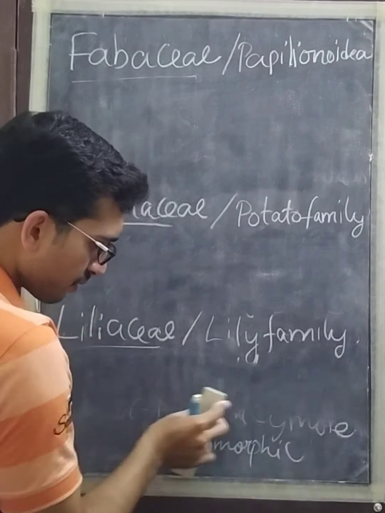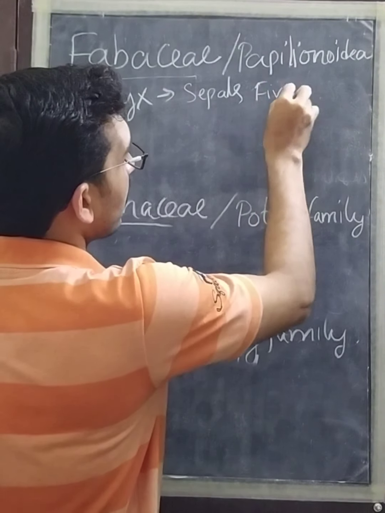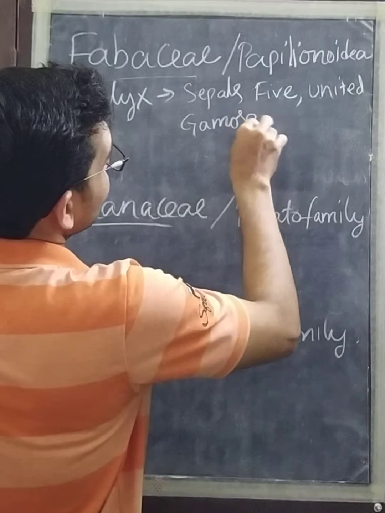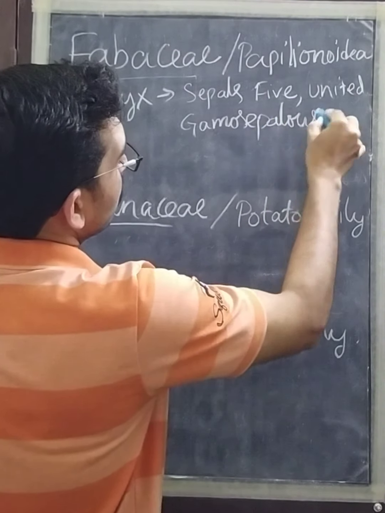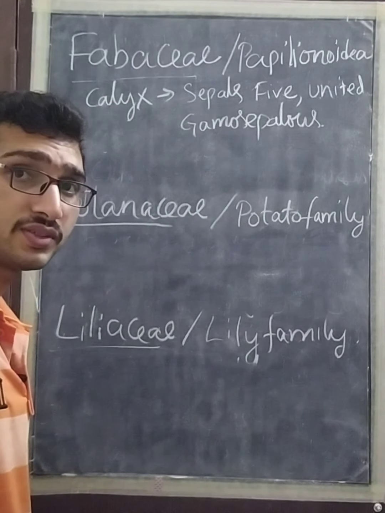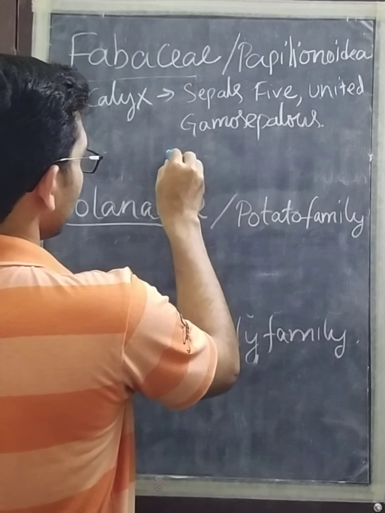It has 5 sepals, and these sepals are united in nature, which is officially called gamosepalous. It also shows one type of estivation: the imbricate estivation.